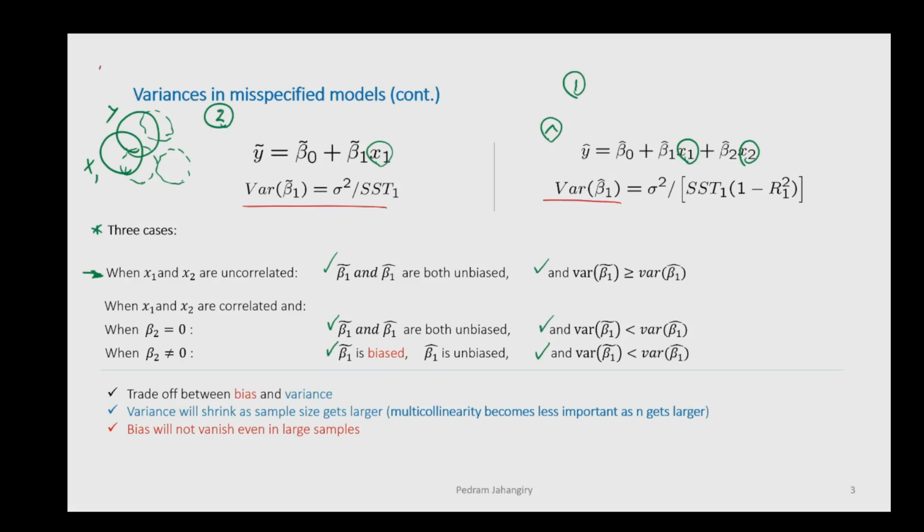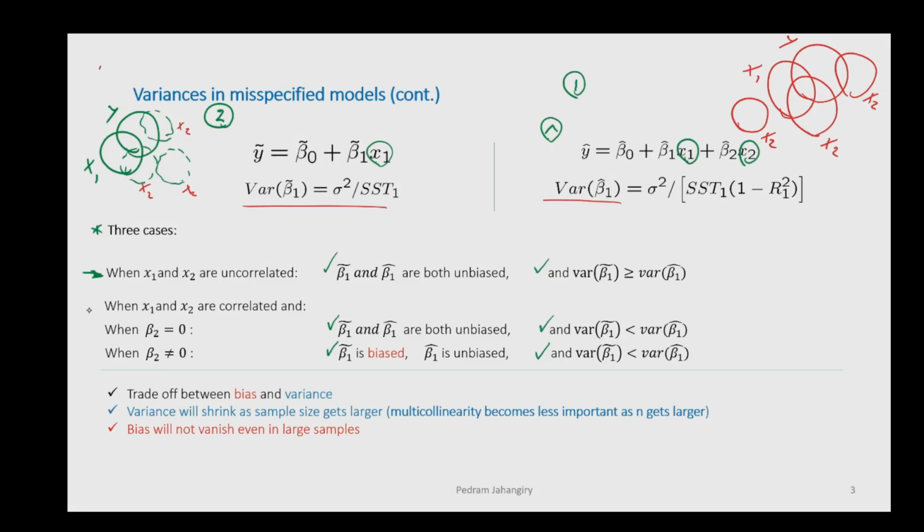On the right-hand side of model number 1, we have y, x1, x2, and again x2 can be here, or here, or here. I want you to think about different scenarios for x2, and then compare the unbiasedness and the variance of beta hat versus beta tilde in each scenario. And I already give you the answers, so here are the answers.